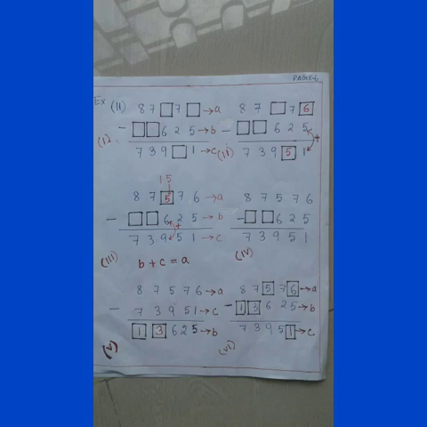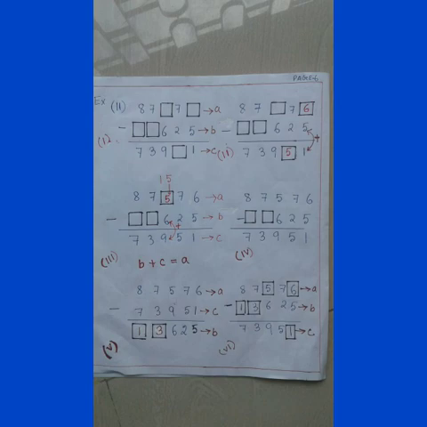So in the fourth step, I have written the digits which we have found out till now, that is 87576 minus blank blank 625 is equal to 73951. Now we have 2 blank spaces left to fill up.